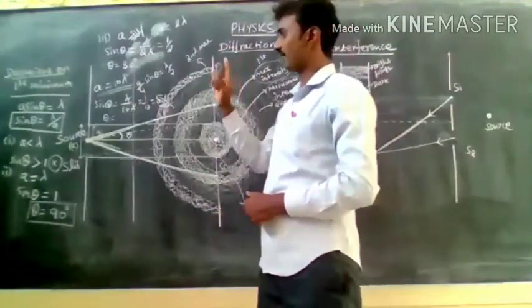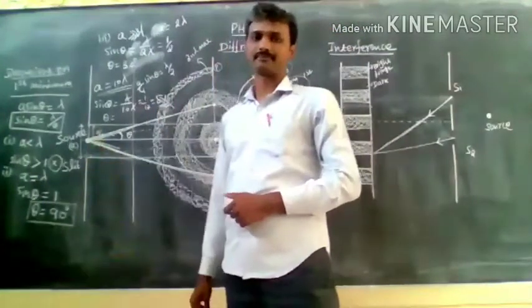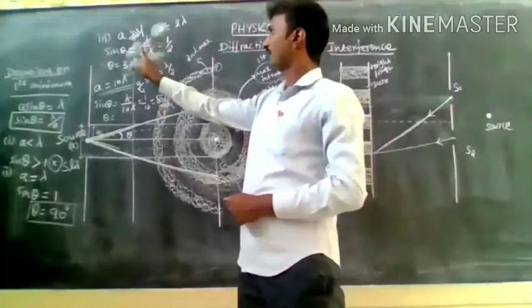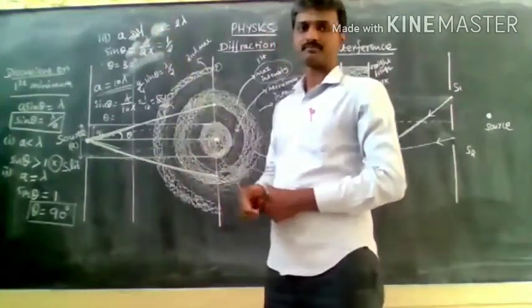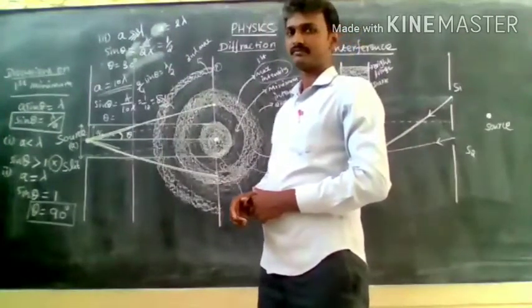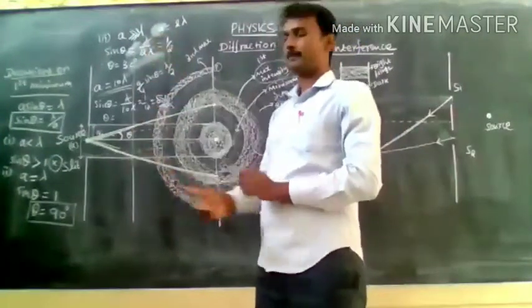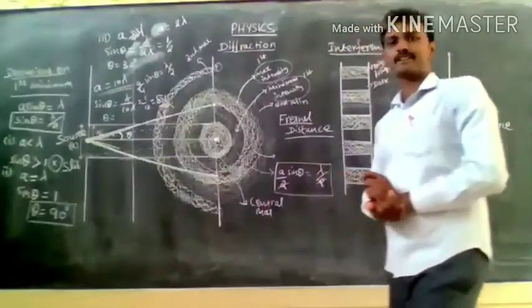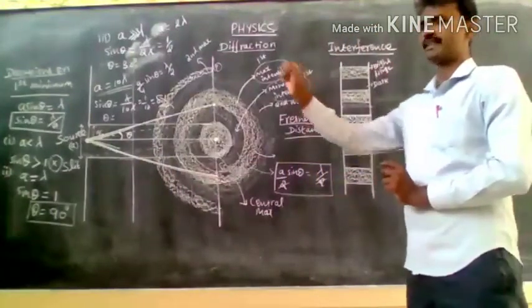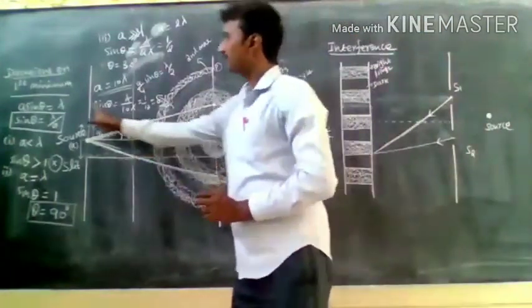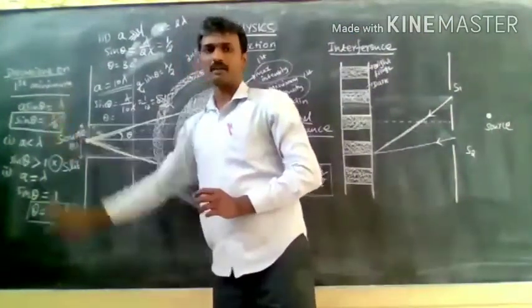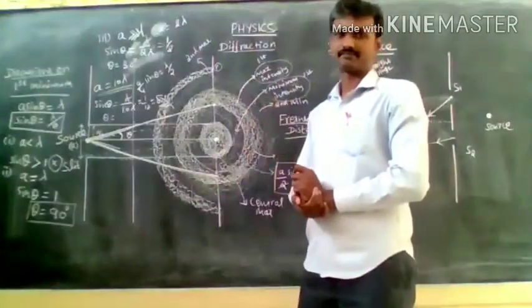At two conditions: one is lambda is equal to A, and the second one is A is greater than lambda. Okay, these are the conditions for getting the diffraction pattern through a single slit. A very important point is that the wavelength of the light must be comparable to the size of the slit.